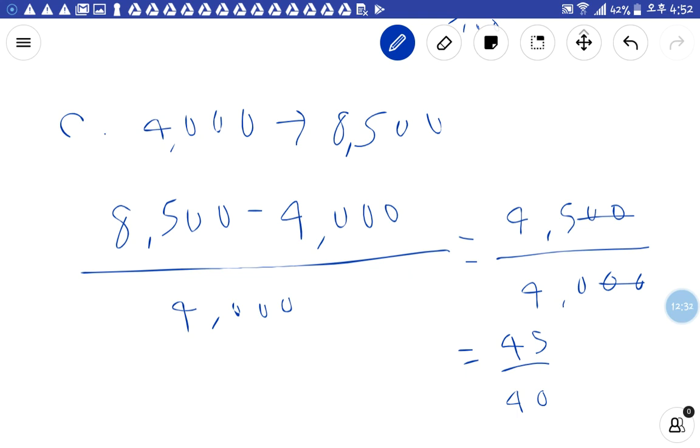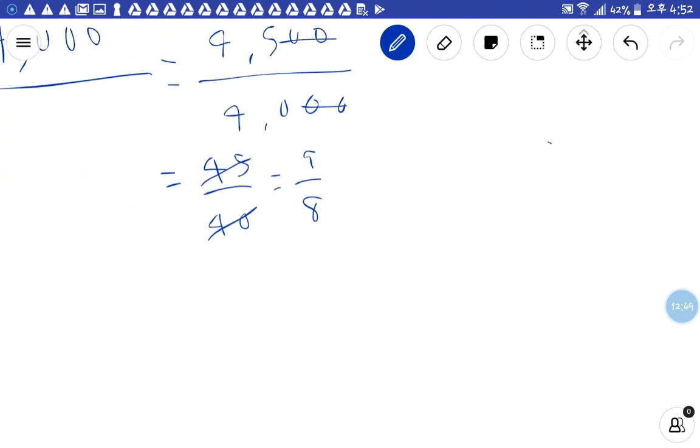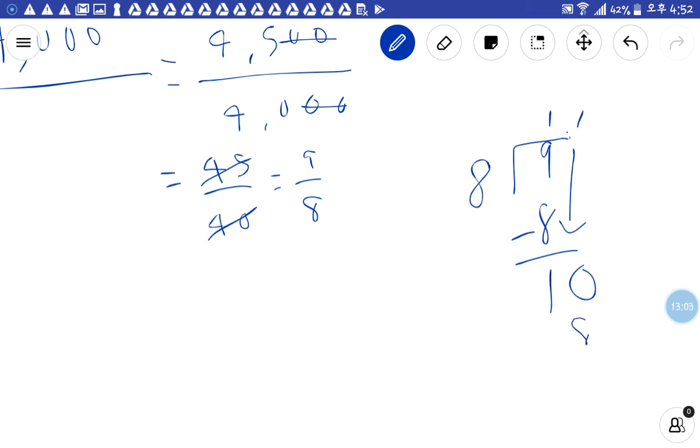Still, I cannot make it. So let me just change it into a decimal, and then I can get my answer. So I just divided by 5 on top and bottom. I got 9/8. Now 9/8, 9 divided by 8. How many 8 can go into 9? One time. Remainder 1. Put decimal point right here. Bring 0 down to make 10. How many 8 can go into 10? One time. And my remainder is 2. Bring 0 down.